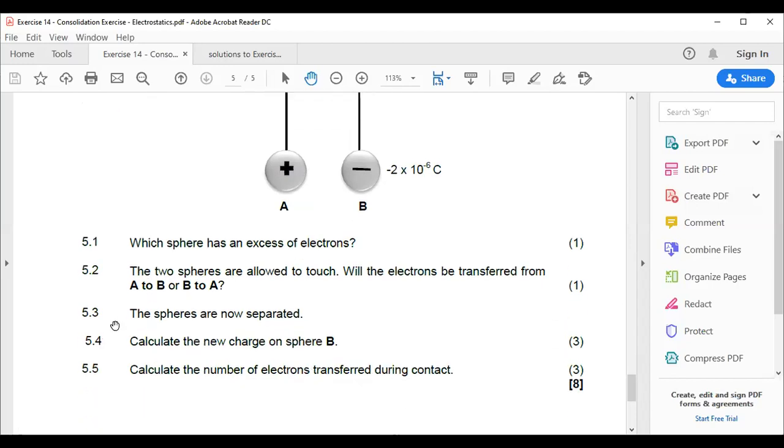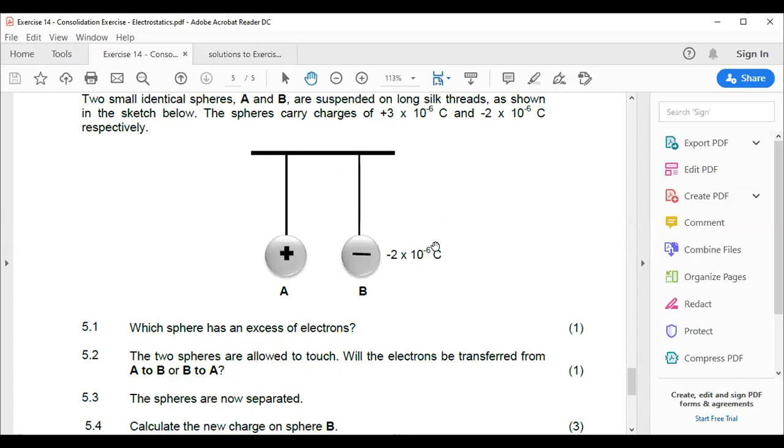All right, 5.3, the spheres are now separated. So this is not a question here. Then 5.4, calculate the charge on sphere B. What are you going to say? You're going to add the two and divide by 2.